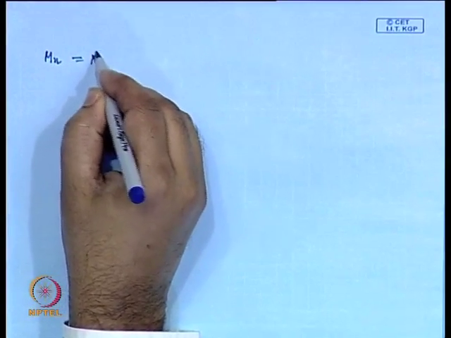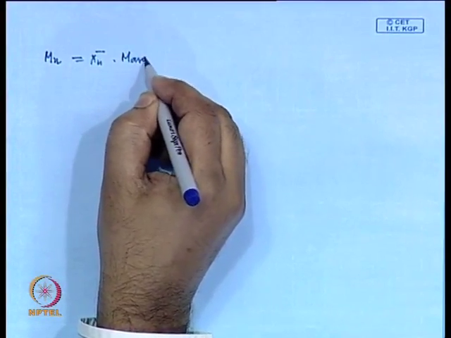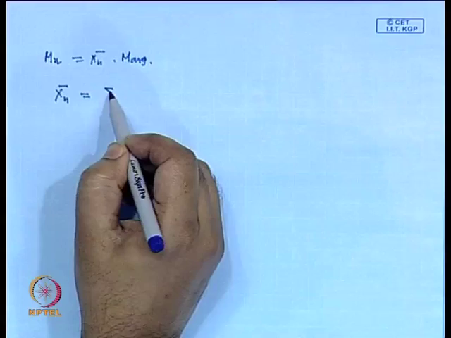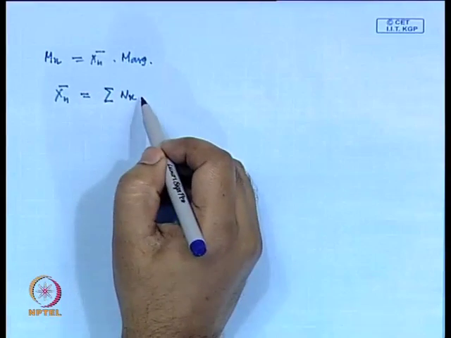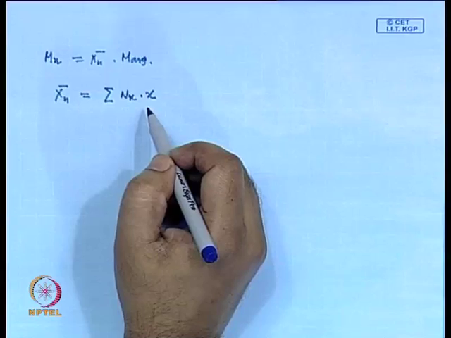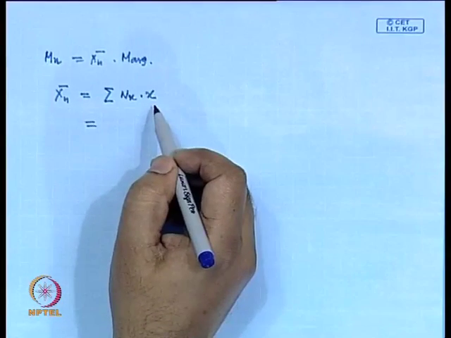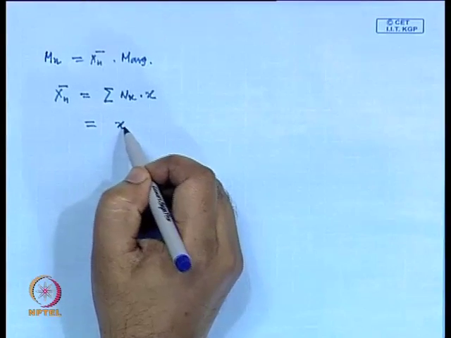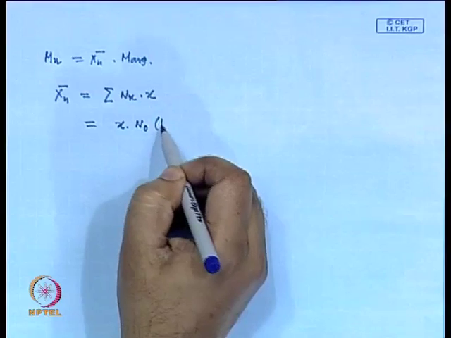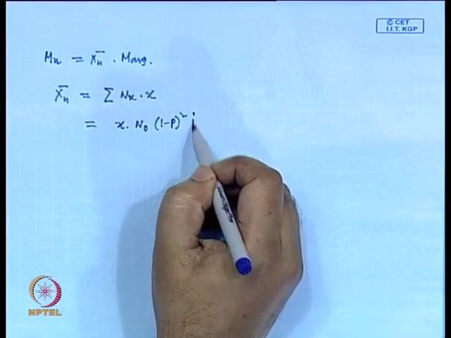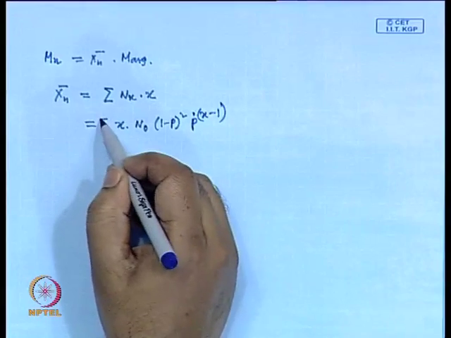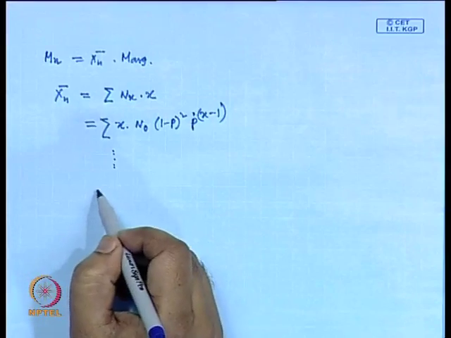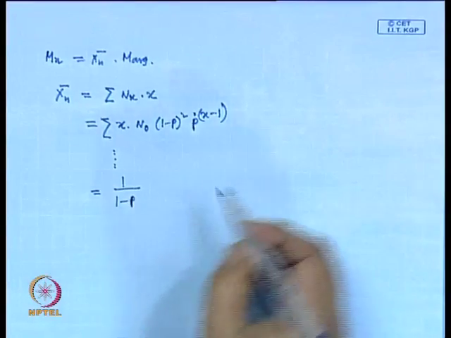Mn we know is x n bar multiplied by the average molecular weight of the structural units, and x n bar is the mole fraction multiplied by the number, which is given by the sum over x of x N0 (1 minus p) squared p to the power x minus 1, and if you do this maths, you will end up with 1 over (1 minus p).